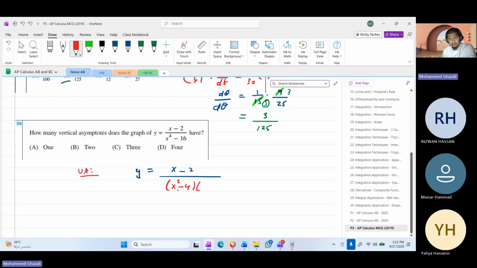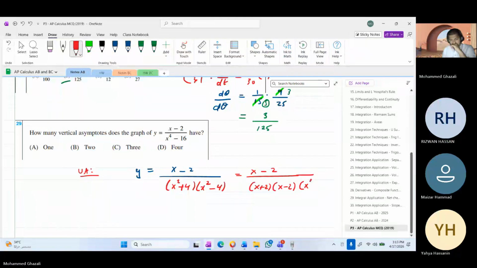No, wait. x to the power 4 minus 16 is a difference of two squares: (x squared plus 4)(x squared minus 4), and then continue: (x squared plus 4)(x plus 2)(x minus 2). I think this x squared plus 4 cancels out. So you get 1 over x plus 2.